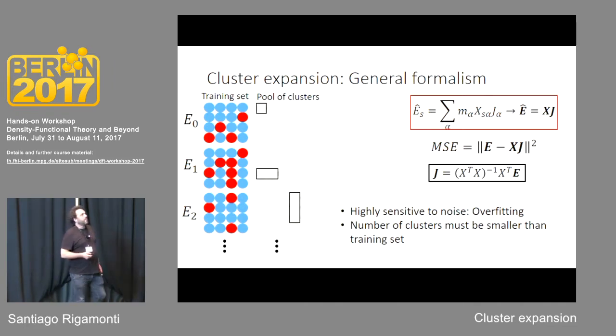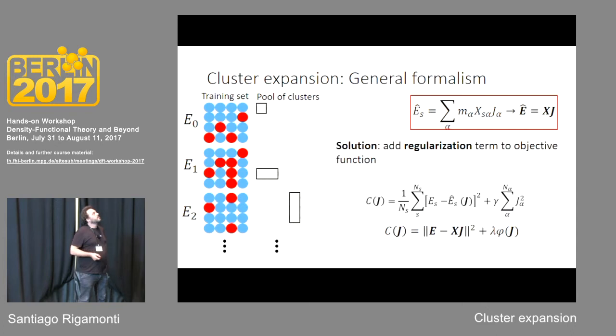In order to overcome those drawbacks, you add a regularization term to the optimization procedure. So we have the mean square error, and you could add, for instance, this term here, that is basically weights the interactions to the power of 2.